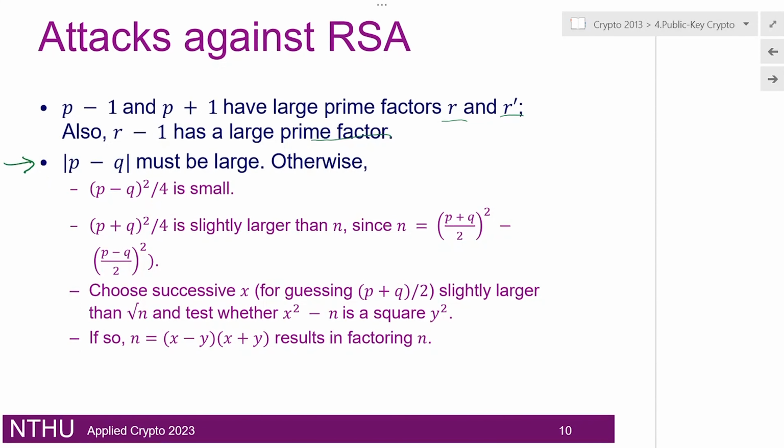That means that the P and Q that you choose, for example, for RSA of 1024-bit N, you choose two prime numbers P and Q, which are roughly 512 bits. Because when you multiply two numbers that are 512 bits, the resulting N is going to be around 1024 bits.